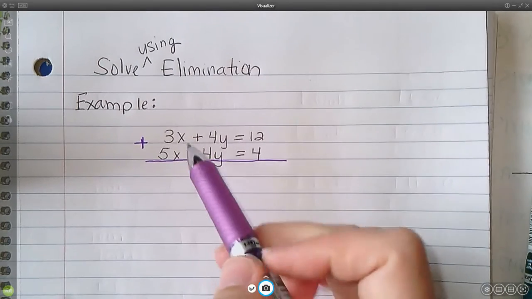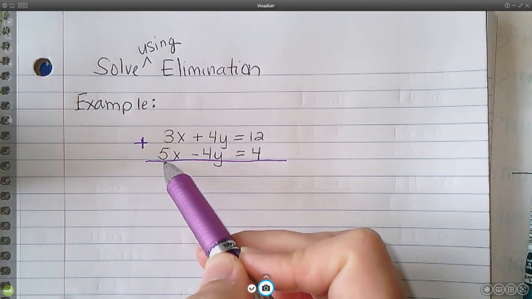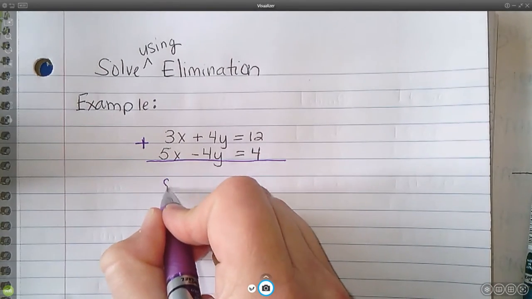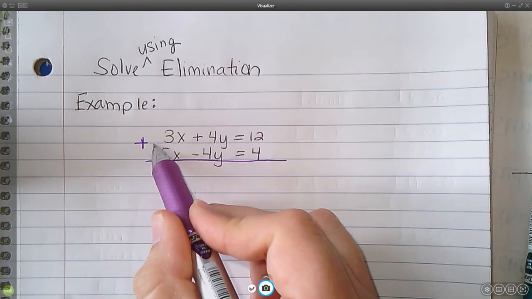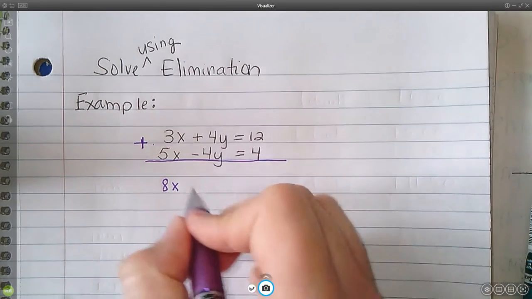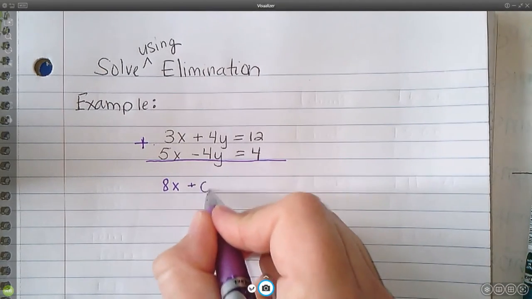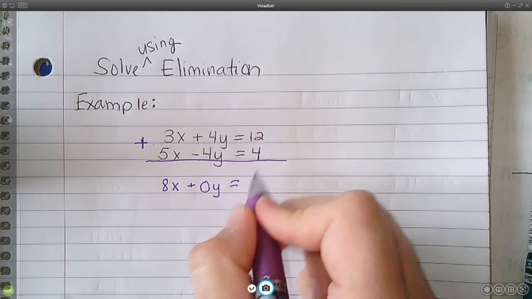All right, so if I add 3x plus 5x, I get 8x. If I add 4y plus a negative 4y, well, that's just 0y. And then if I add 12 plus 4, I get 16.